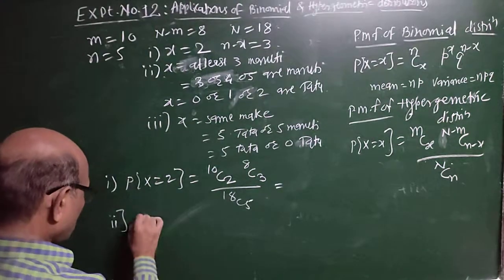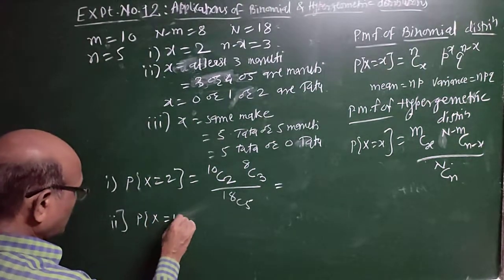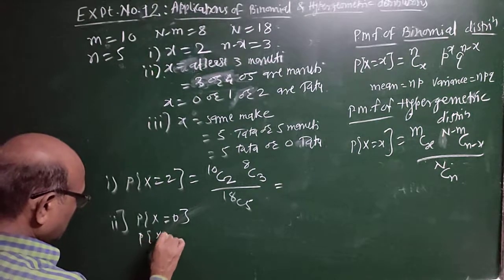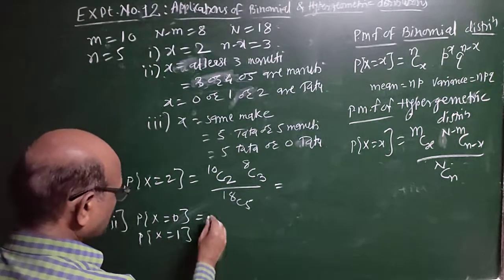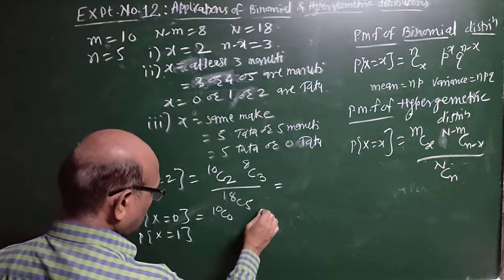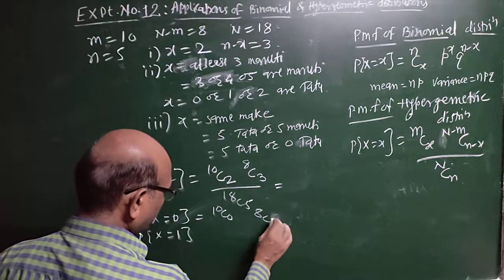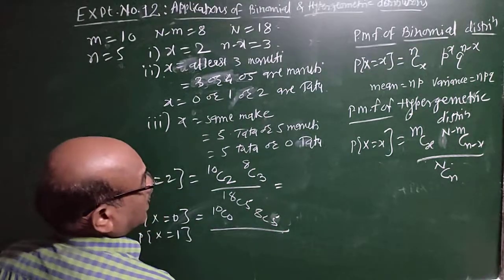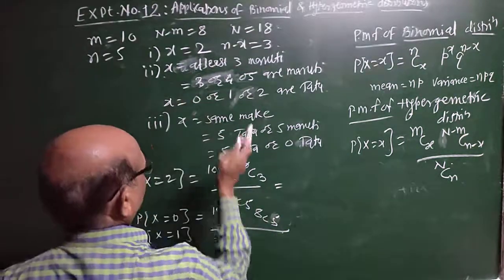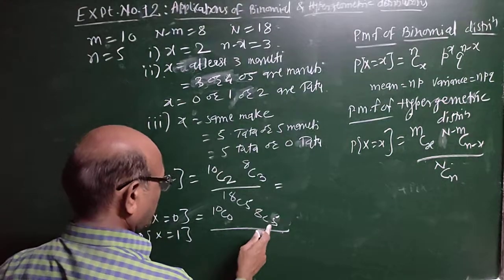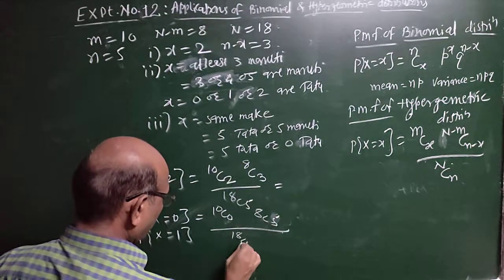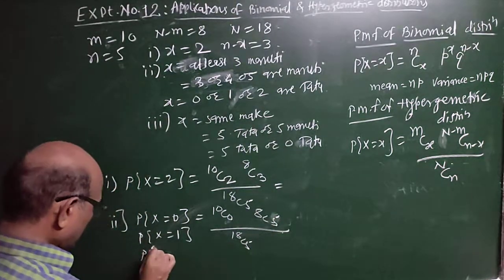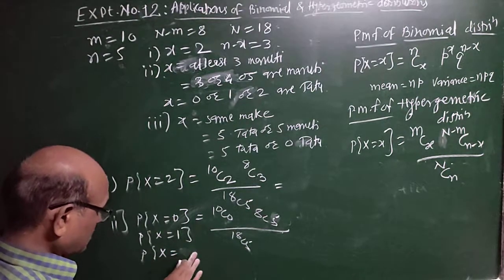For the second part, probability X equal to 0 and probability X equal to 1 you have to obtain. Probability X equal to 0 means 10C0, 8C5, because the total should be equal to 5, so n minus x, 5 minus 0 will be 5, 18C5.